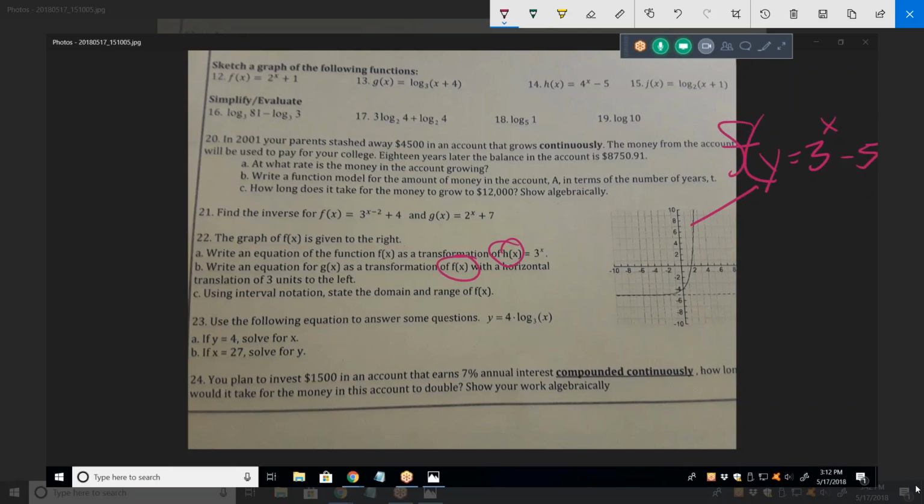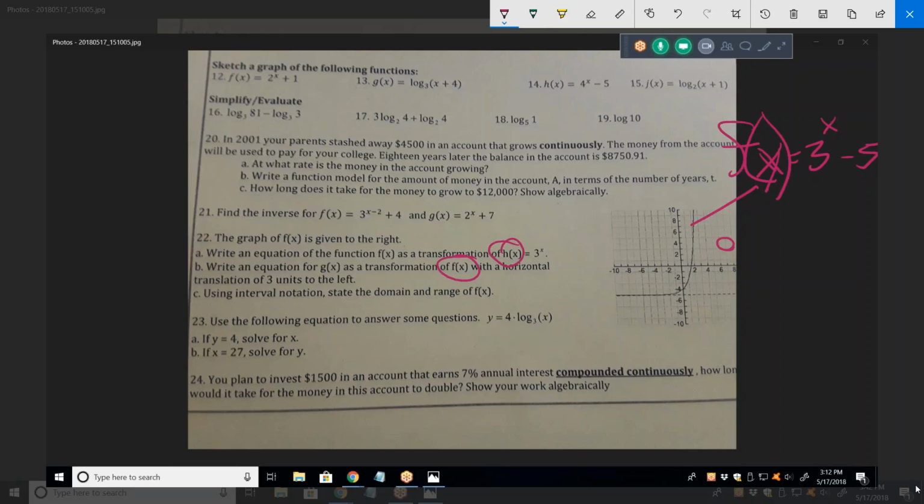That's f of x. f was a transformation of h, right? That's how we got from 3 to the x to 3 to the x minus 5. Now they want us to transform f 3 units to the left. What's that look like?